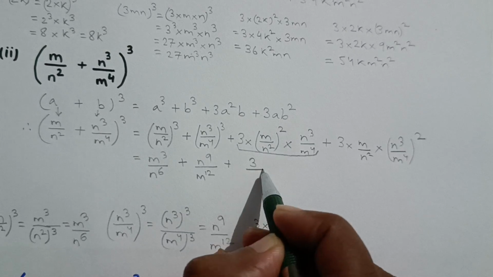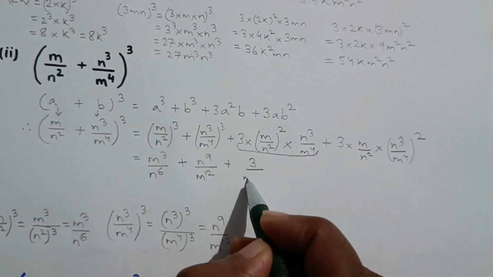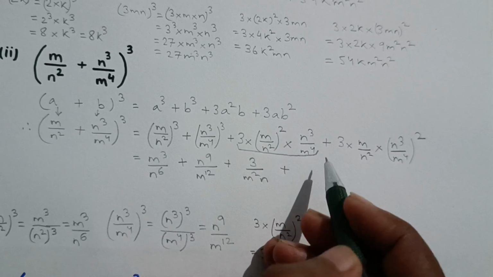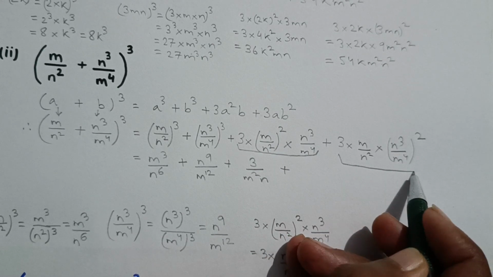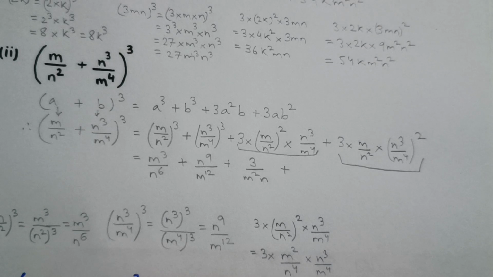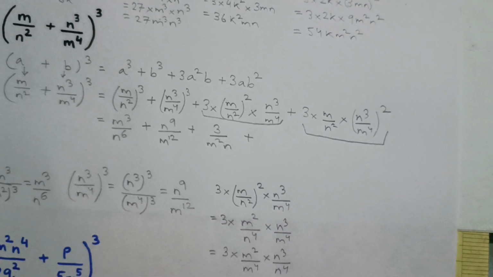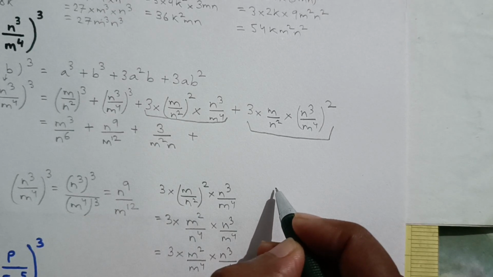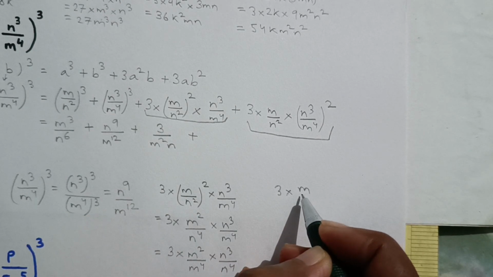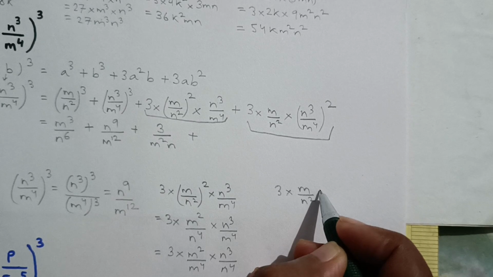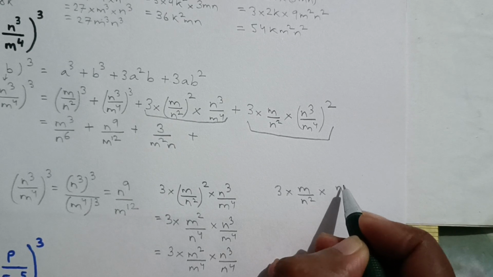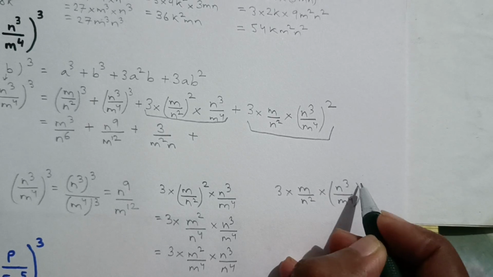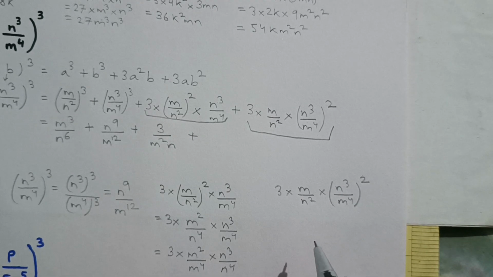So 3 upon m square n plus, and now we have to solve this expression to get our final answer. So the expression is 3 into m upon n square into n cube upon m to the power 4 whole square.